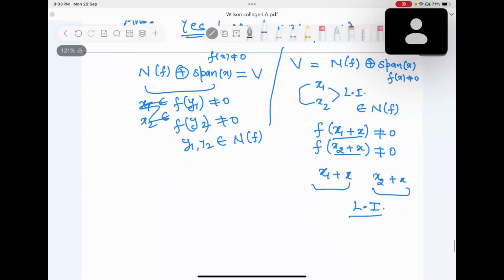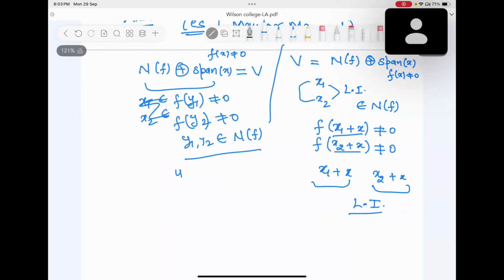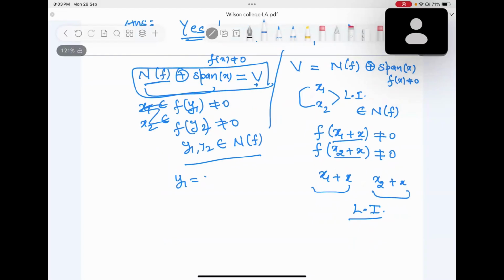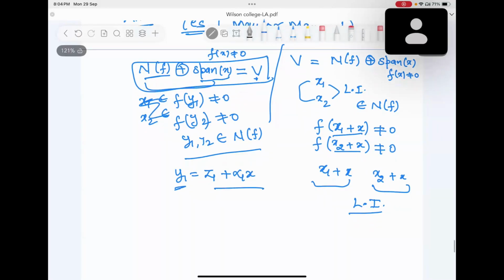Your question should be, suppose you have this kind of situation. Since y1 belongs to V, you can write y1 as z1, a member of the null space, plus alpha 1 times x. And y2 you can write as z2 plus alpha 2 times x.